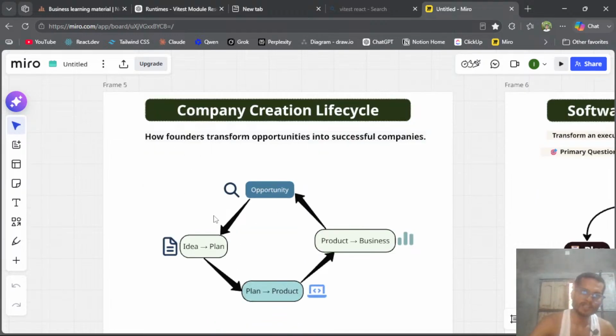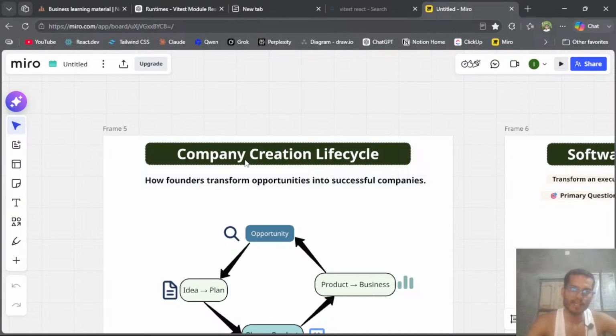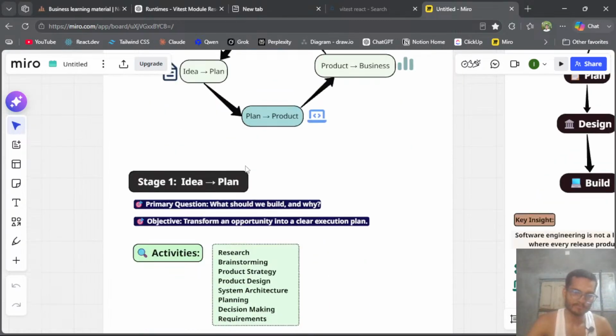So how do founders transform opportunities into successful companies? Now you search for opportunity. As I said, guys, we have three stages. We have idea to plan, then plan to product, and then product to business. This is the opportunity cycle. This is the company creation life cycle.